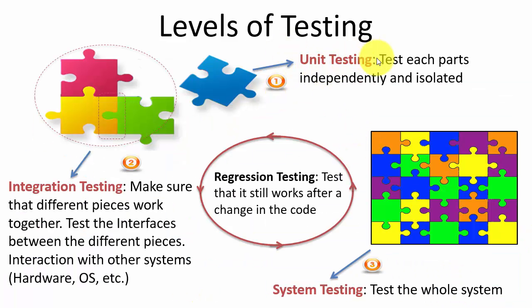So let's repeat. Unit testing: we need to test each part independently and isolated. So each part in the puzzle needs to be tested independently, and this is typically done by the developer.